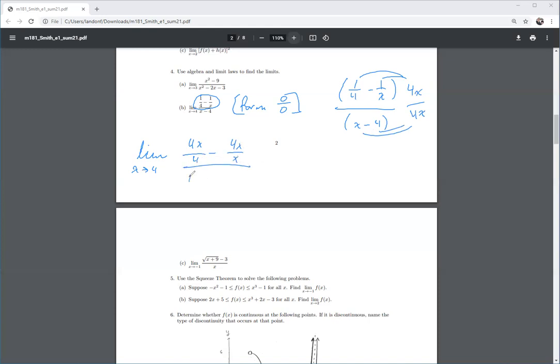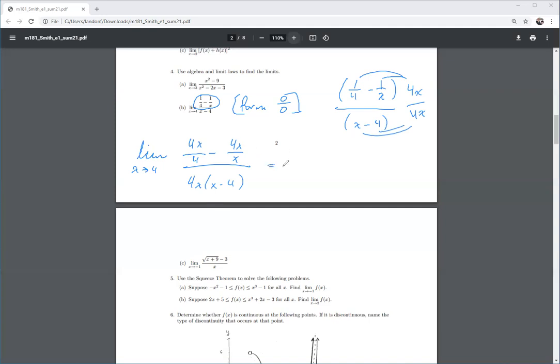And then I think this would be 4x squared minus 4 times 4, 16x, right? Actually, I think what I may do is sometimes it can be useful to keep the denominator exactly how it is. So actually, I'm going to just keep it like this for now and see if it helps us in any way.